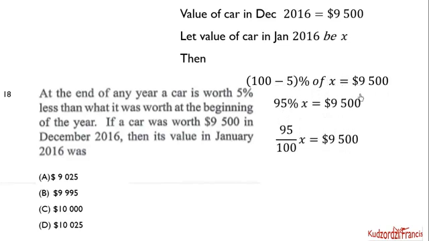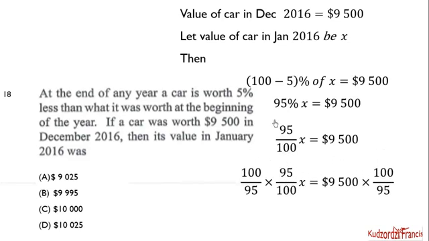So we can quickly solve this. 95 out of 100, X equal 9,500. So we flip this and multiply both sides by that, so that we can get rid of this. So when we simplify the right hand side, we get 10,000. So the correct choice is C.